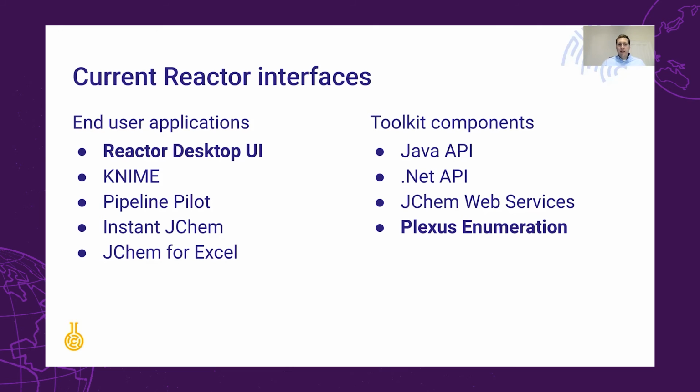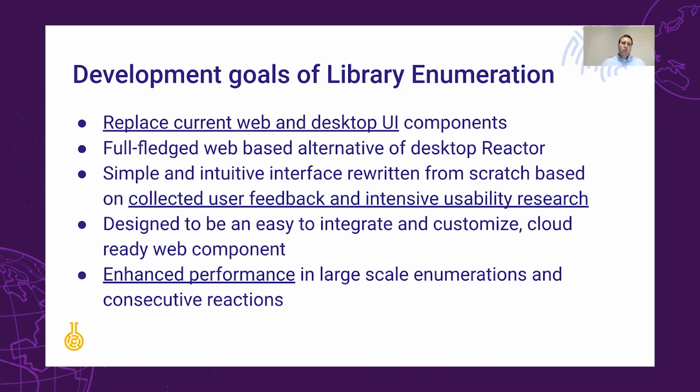Our recent developments focus on replacing the old Reactor desktop UI and the web components with a unified solution. The goal of this new application, called Library Enumeration, is to replace the current web and desktop UI components, to offer a full-fledged web-based alternative of desktop Reactor and offer a simple and intuitive interface.